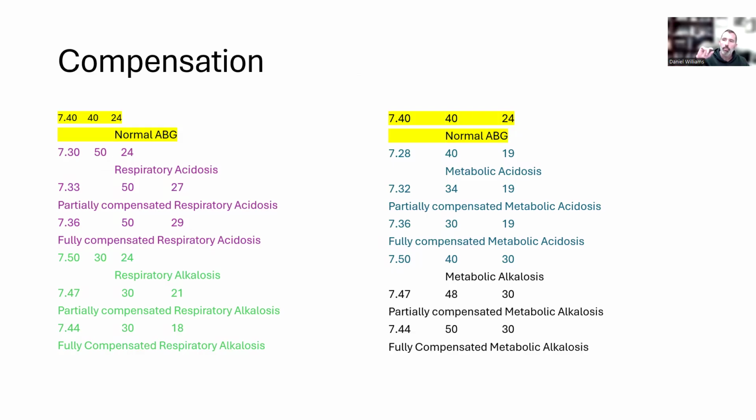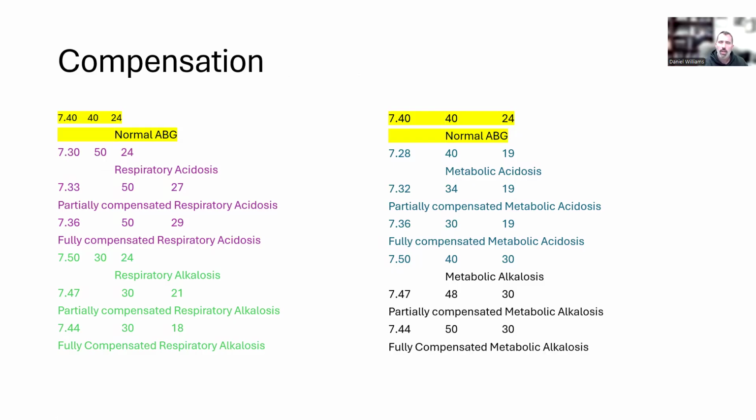Bicarb and pH are directly related. So I first look at this pH, and I determine that it is an acidosis. I have to determine what is the cause of that. The relationships speak for themselves. CO2 is up, pH is down, bicarb is normal. Therefore, this is a respiratory acidosis. Specifically, this is an uncompensated respiratory acidosis.